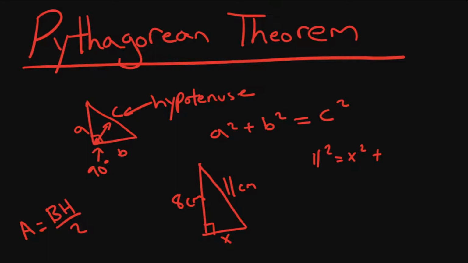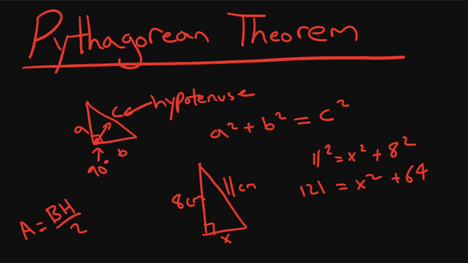So here we have 8 squared, because the x and the 8 are the ones that adjoin, or a squared plus b squared. So you have 121 equals x squared plus 64.